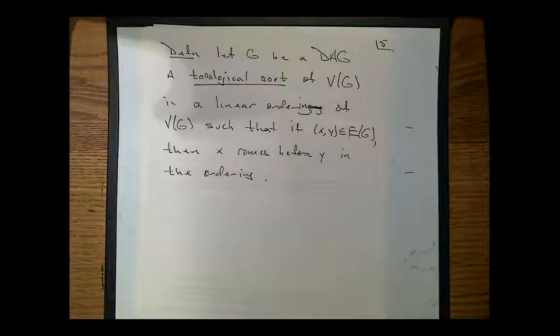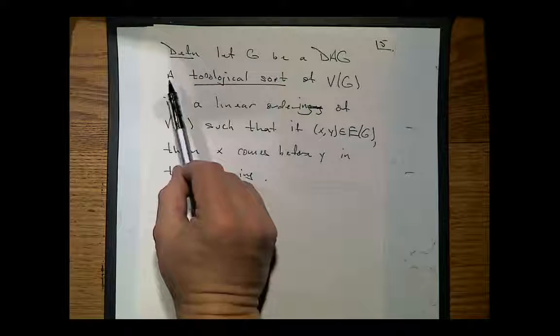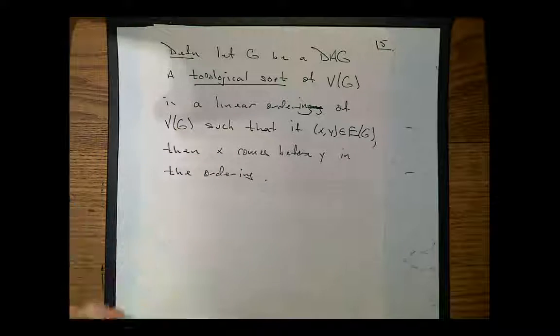So, in other words, you ought to be able to redraw the graph in such a way that all the vertices are on a horizontal line and all the edges travel from left to right. That's a topological sort. And notice I say a topological sort. There might be more than one. Sometimes there is only one, but there might be more than one.